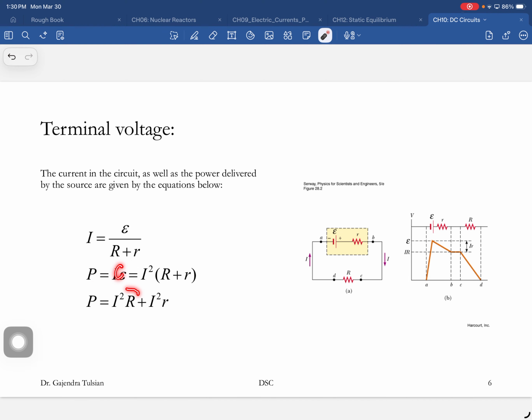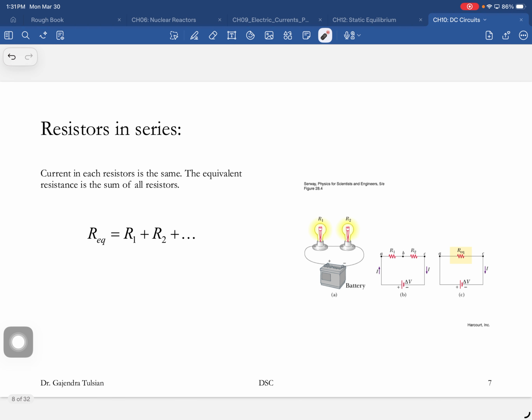So when you connect devices in parallel, the current through each of these is the same as if it were connected by itself. So what did this parallel connection do? If you connect two bulbs to this battery, now this bulb is drawing a current and this bulb is drawing a current. So you're running the battery down faster.